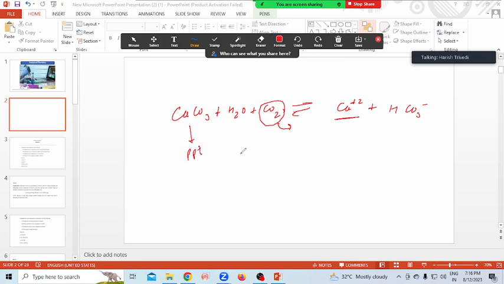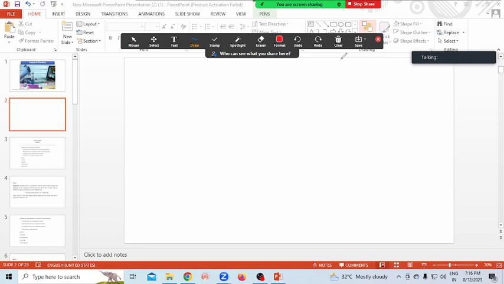Due to that, this type of structure will be formed after some time, and you can say it is a form of equilibrium. This is the simplest example of equilibrium, and I have already explained this thing.